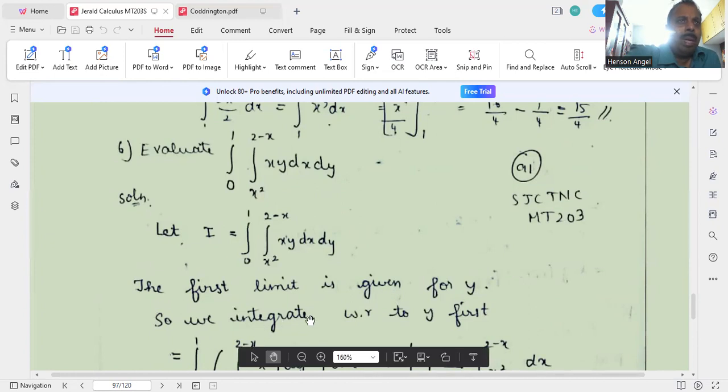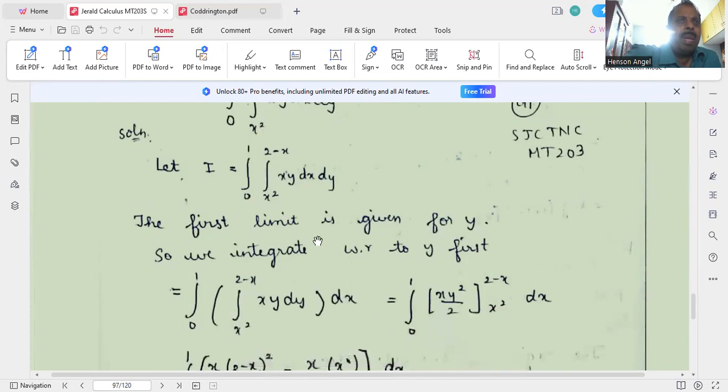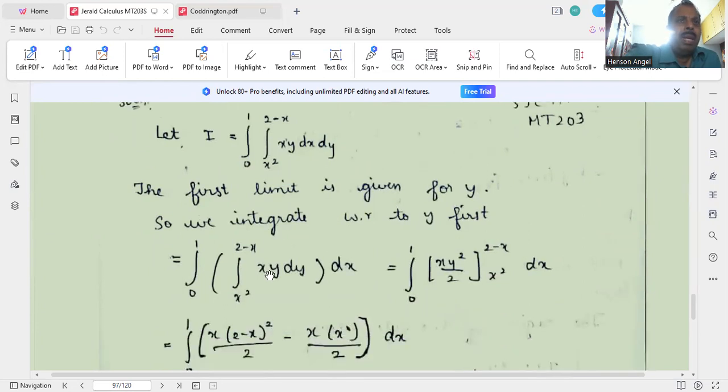So we have to integrate with respect to y first. Right. When you integrate with respect to y, except y, the other term x can be considered as a constant. So we get x into y square by 2, limit x square to 2 minus x.